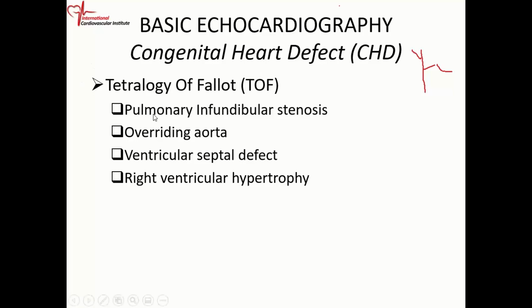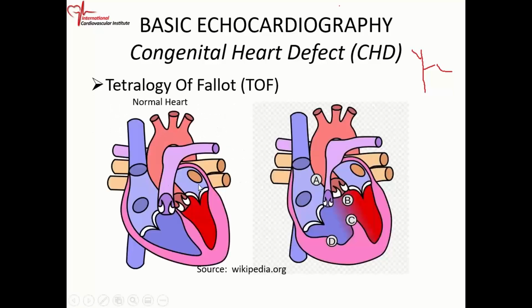These patients have a ventricular septal defect with the aorta overriding the ventricular septal defect, and that's why it's called an overriding aorta. And then because of the pulmonary infundibular stenosis, the blood cannot get out of the right ventricle, so the right ventricle hypertrophies. It thickens. Okay, so this is a cartoon which explains what's going on.